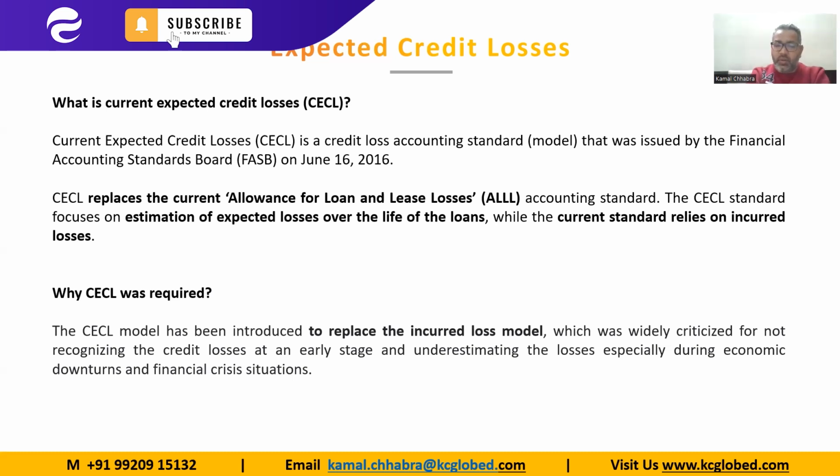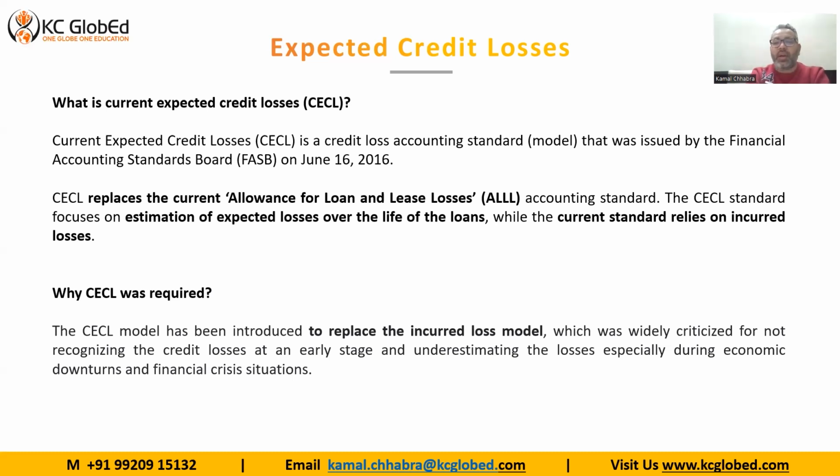Same way here, if in any contract you are expecting to incur any loss, then that loss needs to be booked upfront rather than waiting for the loss to actually be incurred. So that was a significant reason why this new accounting standard codification took place instead of the earlier one, which was based on actual losses, or booking the losses as and when they are incurred.